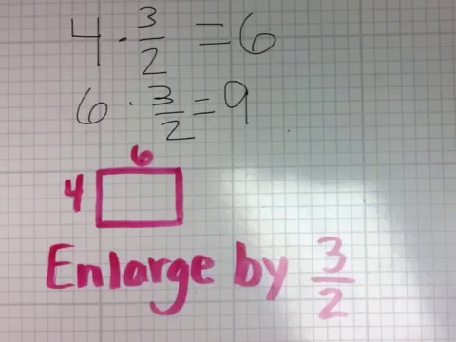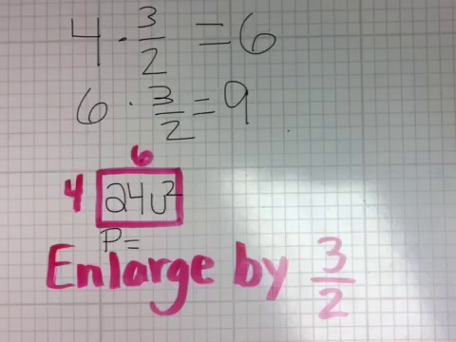So our new side lengths are 6 and 9. So our original area of our shape was 4 times 6, which would be 24 units squared. And this shape had the perimeter of 20 units. So let's look at the new shape.